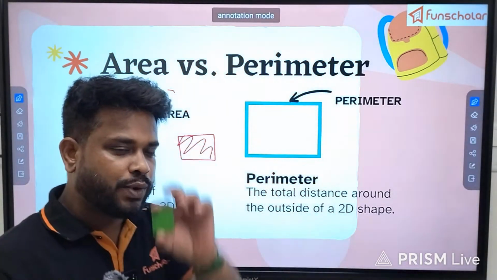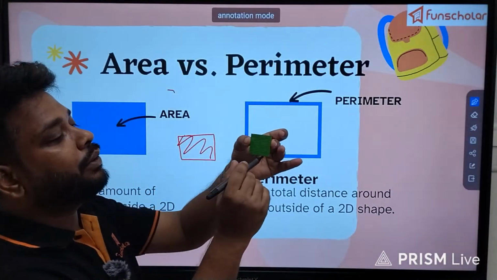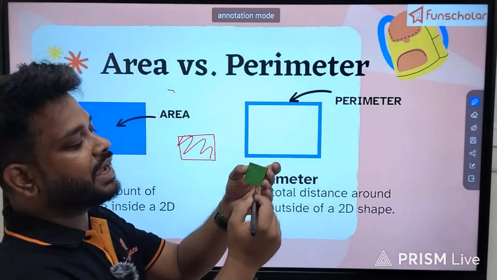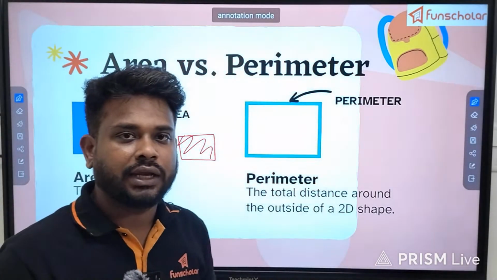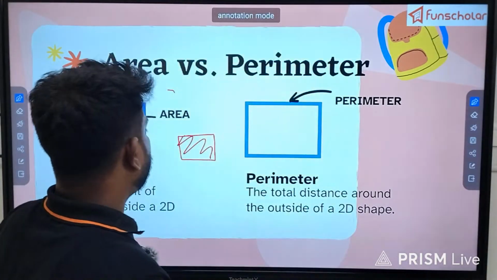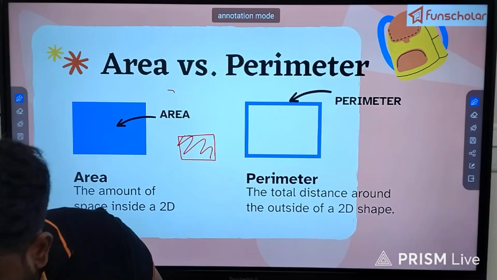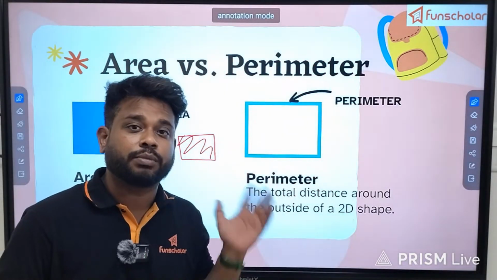For this one too, the perimeter will be this boundary part and the area will be the total inside part. We will go further and discuss the different properties of this.